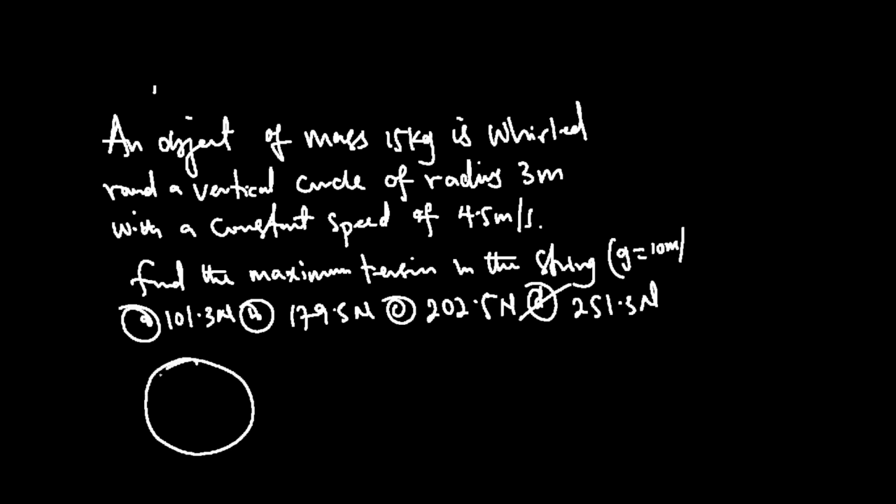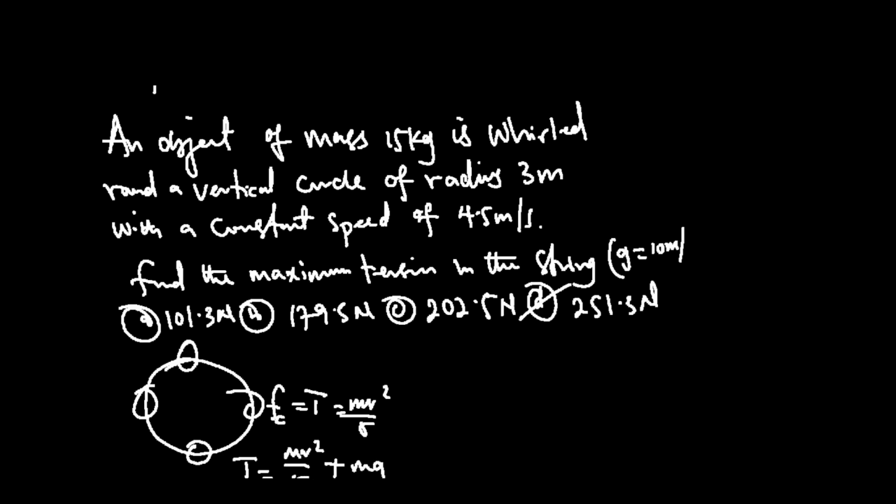So let me show us why it's going to be the right one. When the body is at the top, the tension is equal to the centripetal force, and that is just mv squared all over r. When the body is at the bottom, the tension is equal to the centripetal force mv squared over r plus the gravitational force, that is mg. And at the other point, the tension force is mv squared all over r minus mg.